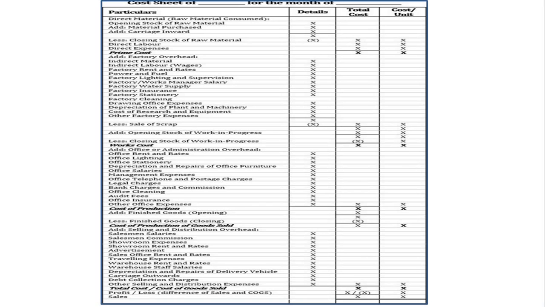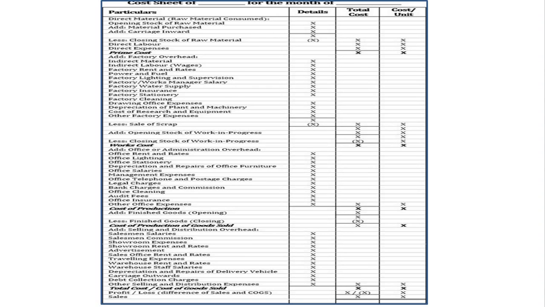Relate the items properly, whether it is an administration item or a factory item. Whatever item is related to the factory or happens inside a factory will come under this head. Okay, and one important thing you have to adjust under factory overheads is the work in progress opening and closing balance, if given in the question.